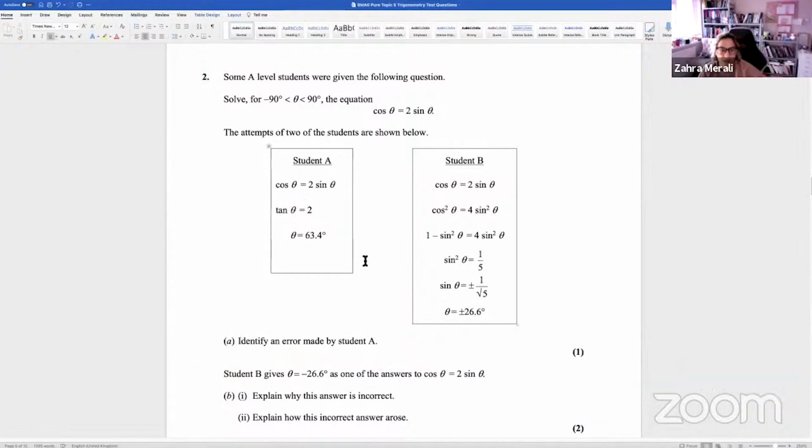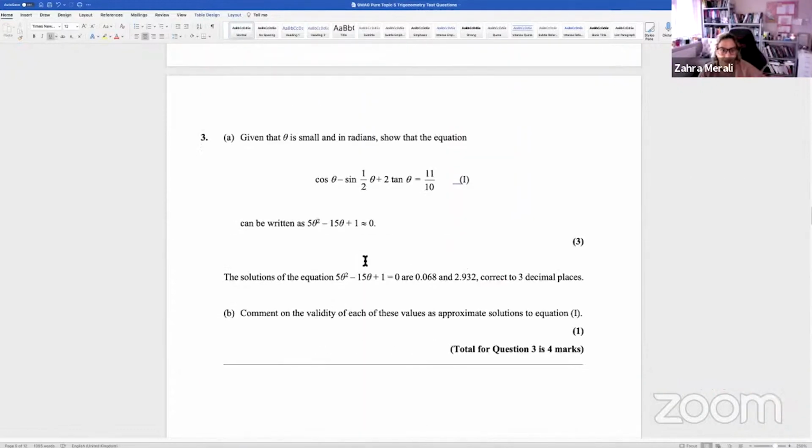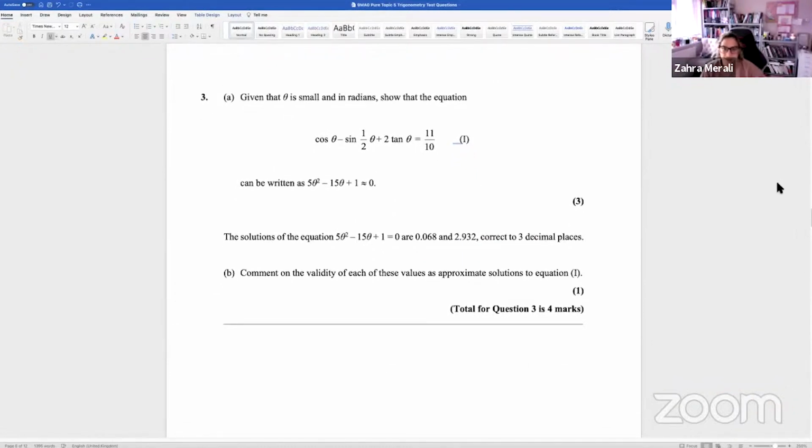Right, so the next one. Given that theta is small and in radians, show that the equation can be written as... Okay, so in your formula book, let me just grab mine, hopefully you're all getting formula books in your assessment as well. On page 6 of your formula book, you're given the following small angle approximations.